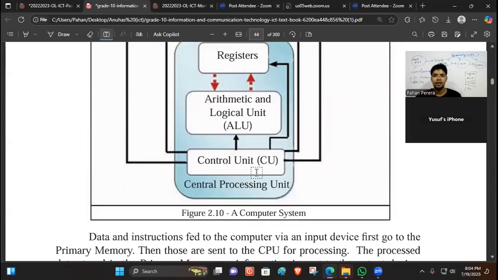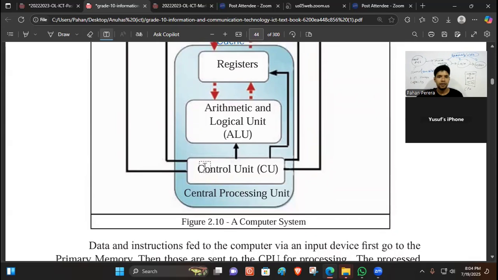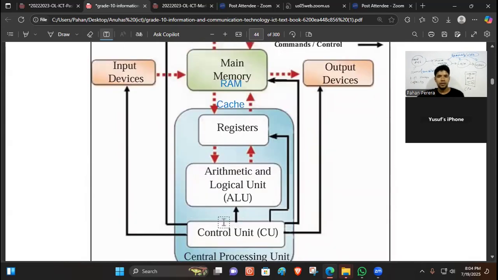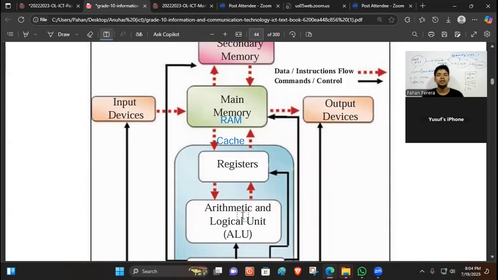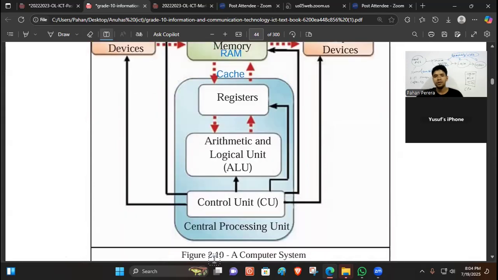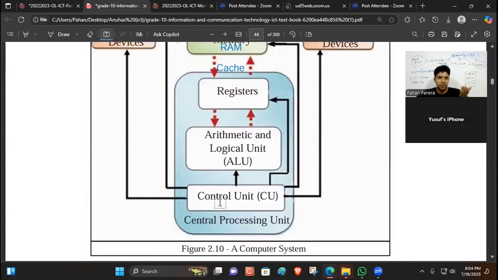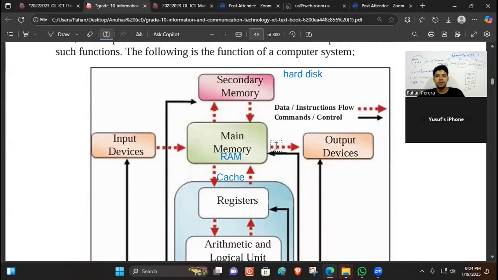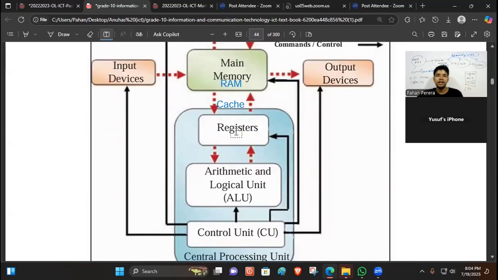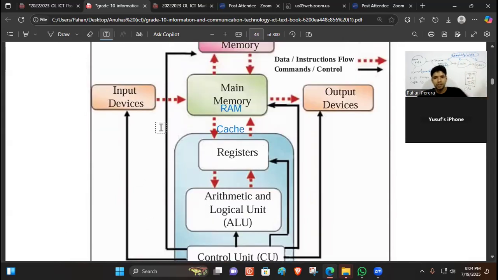See here, the control unit. There is no need to think hard, because there is nothing difficult to understand in the control unit. From the control unit, the control signals or commands are directly connected to all the devices.